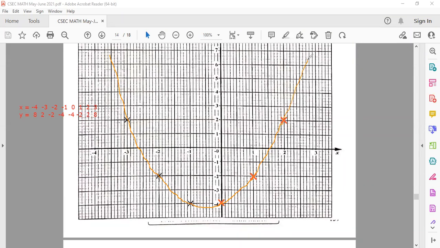Okay, that's as smooth as I can get the curve.